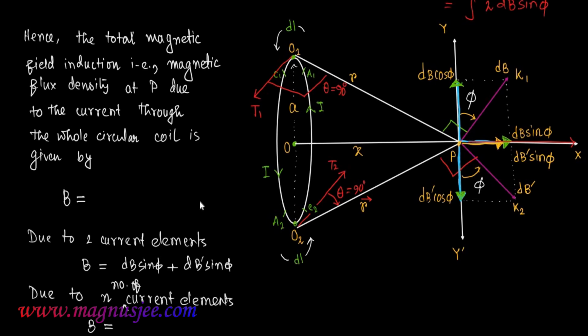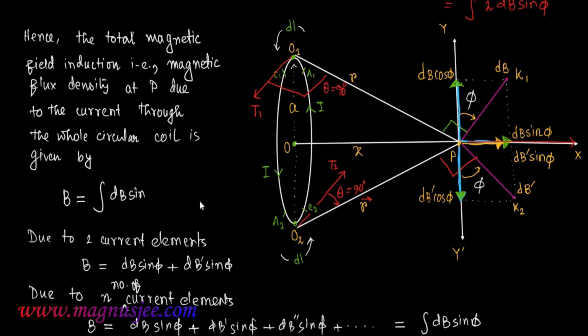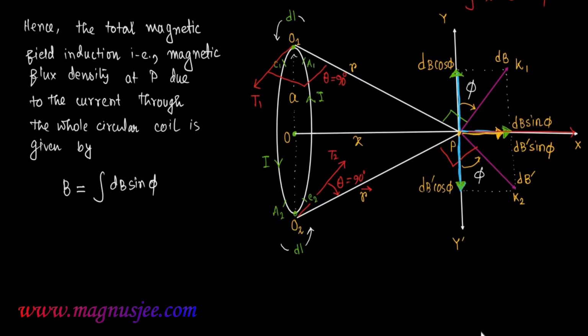But due to n number of current elements, B equal dB sin phi plus dB prime sin phi plus dB double prime sin phi plus and so on, that is equal to integration dB sin phi, not integration 2 dB sin phi. It should be B equal integration dB sin phi equal integration mu 0 by 4 pi I dl by r square sin phi.